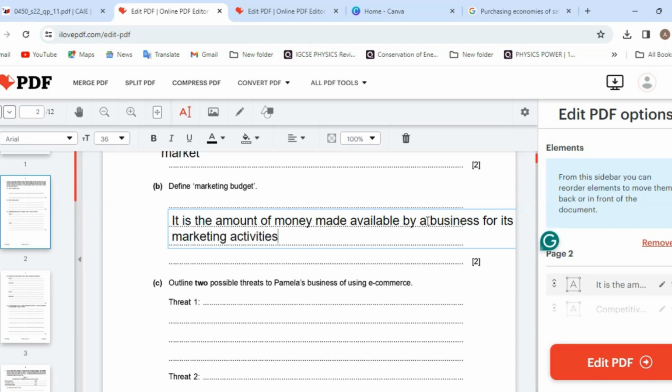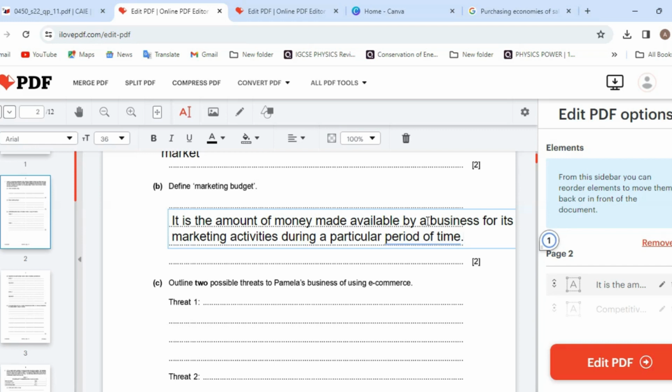It can be during a particular period of time. That's it. You've defined what your marketing budget is. It can also be a financial plan for the marketing of a product.